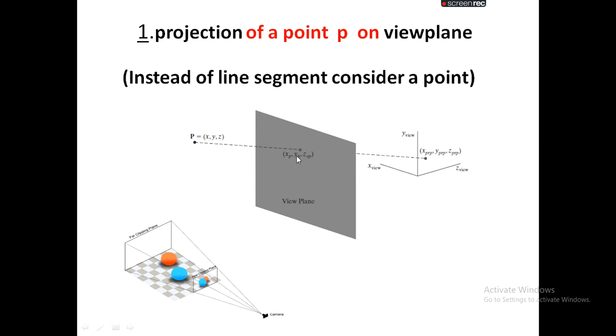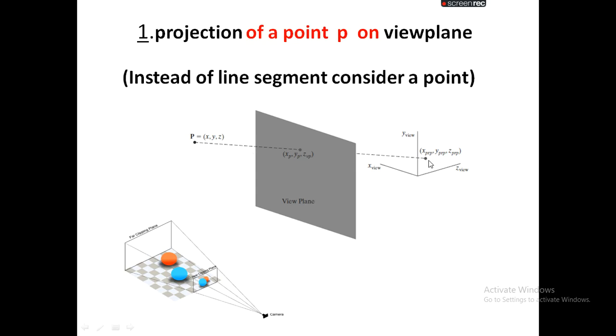This is our perspective projection coordinate with respect to point P. And we have a projection reference point here, meaning we are observing this object in this direction.